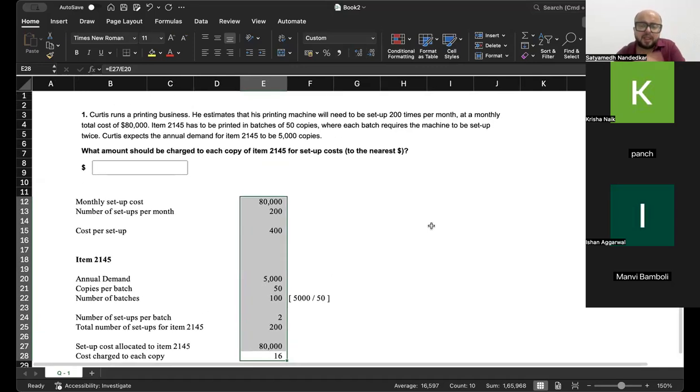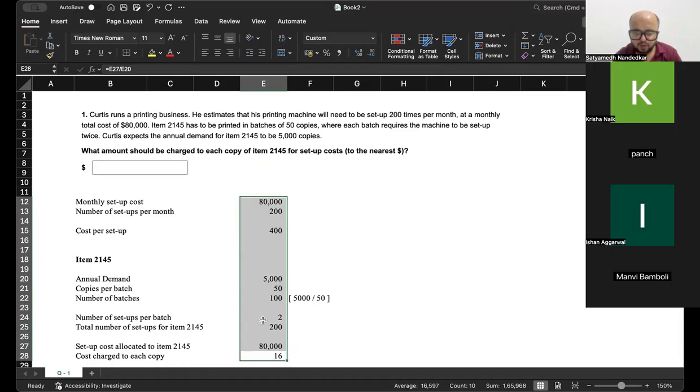Now, there is one thing that we could have avoided in this question. I deliberately chose the long drawn path. Why? See, this question, while it appears to be a question on activity based costing, and I know it is, you can still cut it short. He estimates that his printing machine will need to be set up 200 times per month.